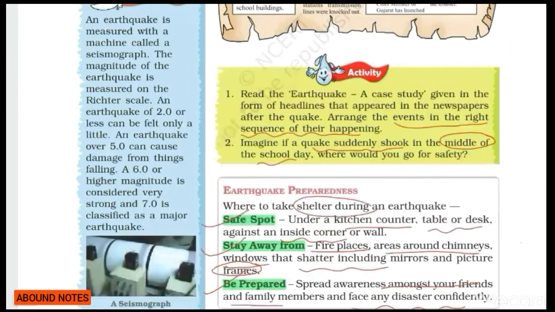Here, an earthquake is measured with a machine called a seismograph. The magnitude of the earthquake is measured on the Richter scale. So the Richter scale is the scale of measurement of an earthquake. Like we measure our height in centimeters and weight in kilograms, in the same way, earthquakes are measured on the Richter scale.